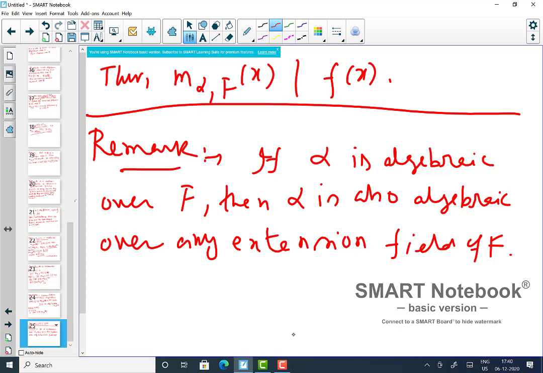And so you can talk about the minimal polynomial over that field also, right?